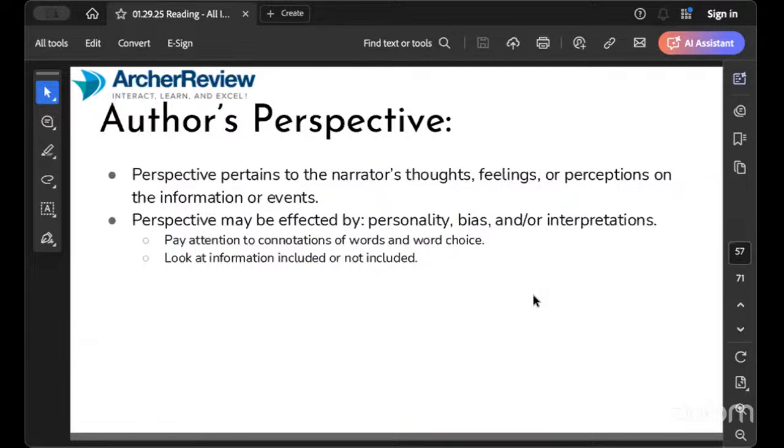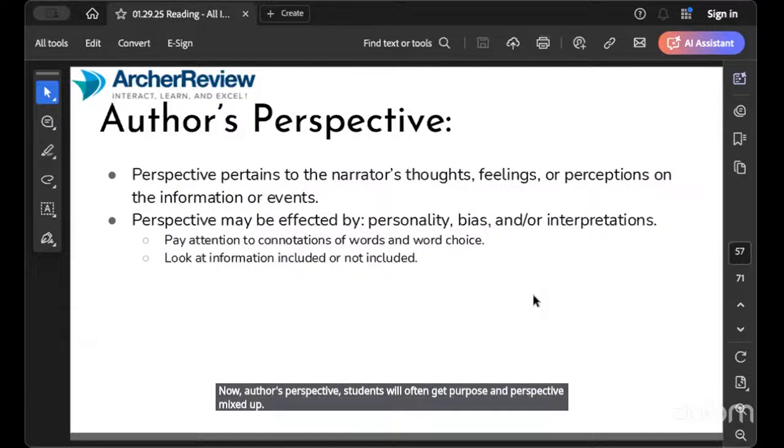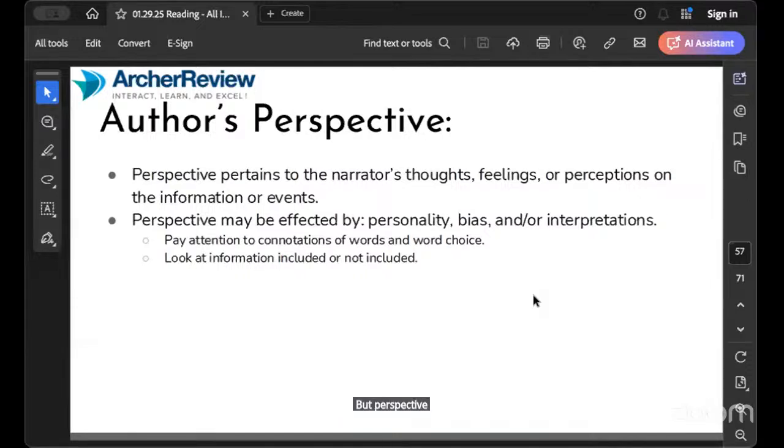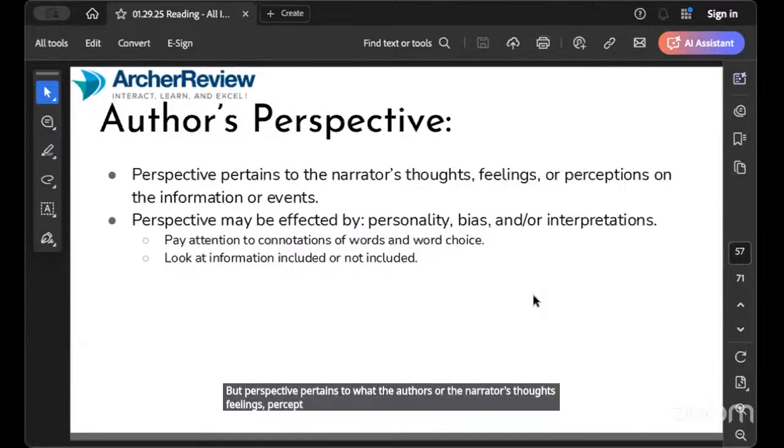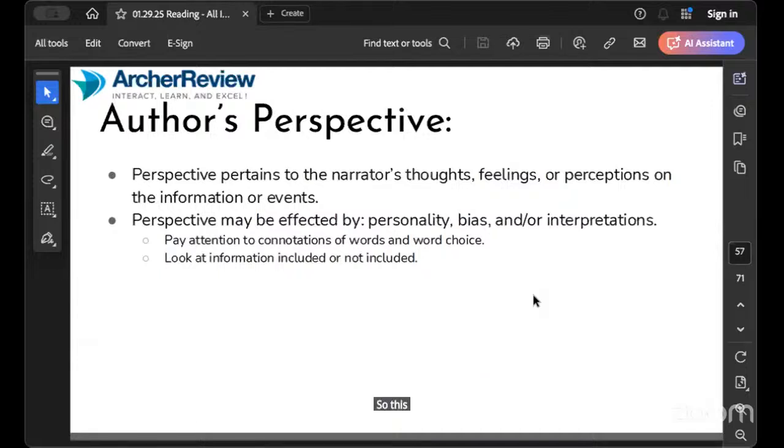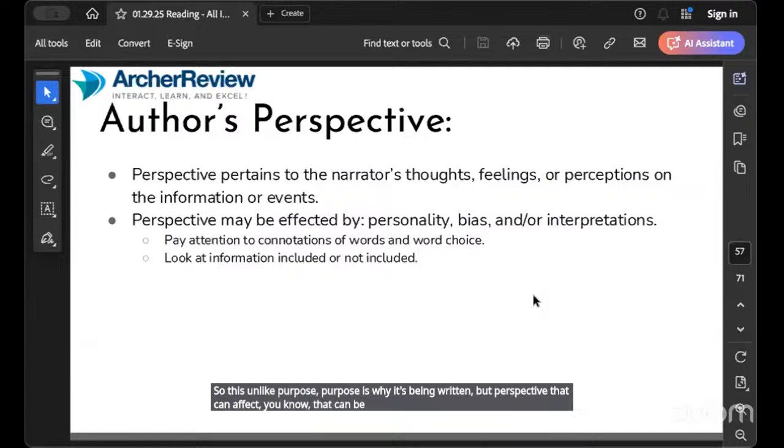Now, author's perspective. Students will often get purpose and perspective mixed up, but perspective pertains to what the author's or the narrator's thoughts, feelings, and perceptions on information or events are. So this, unlike purpose, which is why it's being written, perspective can be affected by personality, bias that the author has, and different interpretations that the author makes.